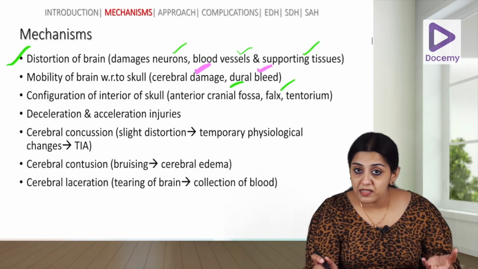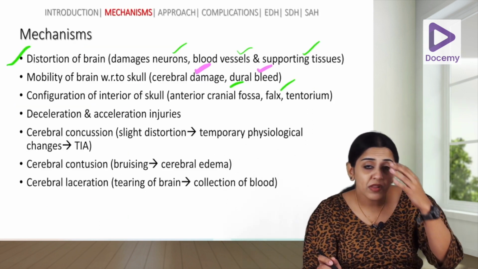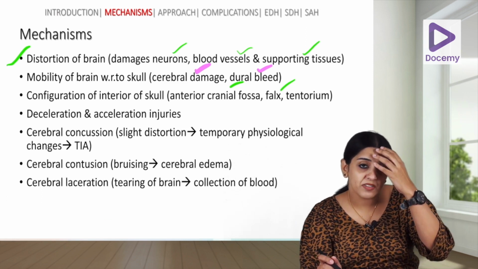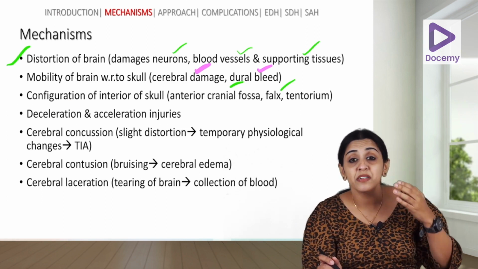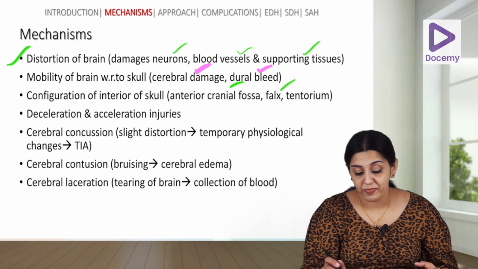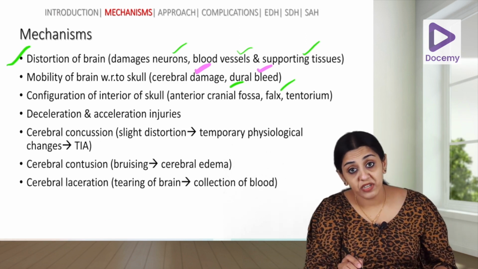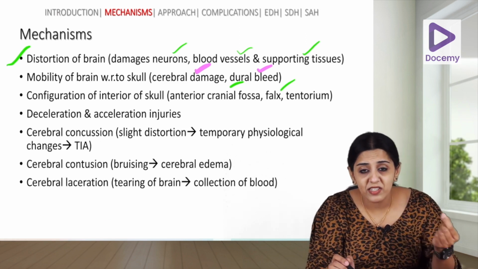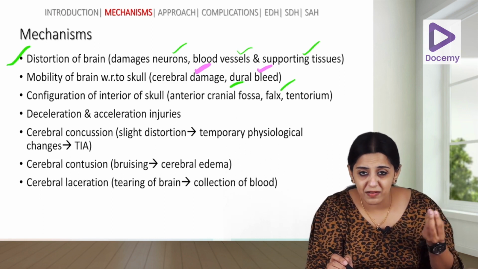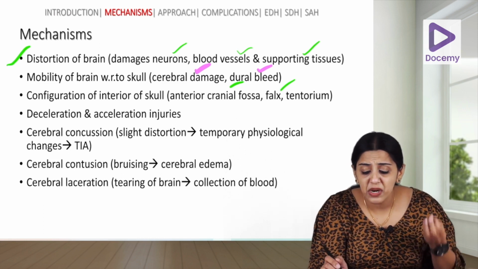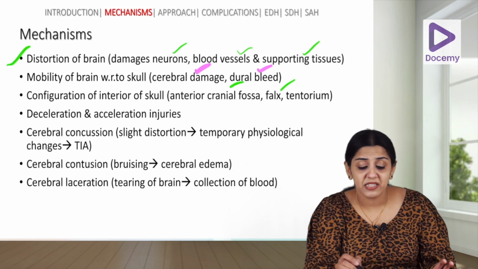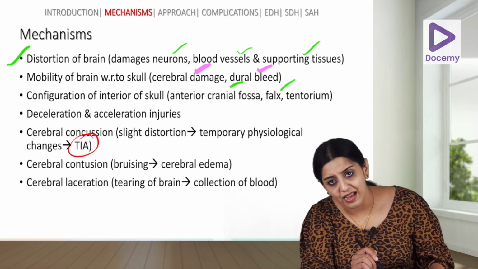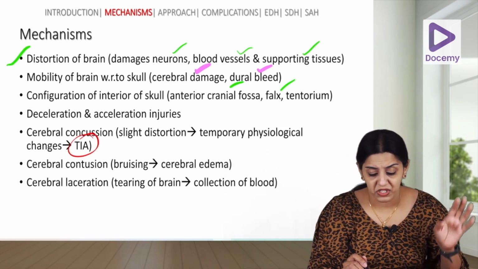So when there are deceleration and acceleration injuries, though the full impact is on the skull, it can transmit its impact intracranially. Cerebral concussion can occur, that is a slight distortion in the intracranial contents leading on to temporary physiological changes like transient ischemic attacks. That is cerebral concussion.